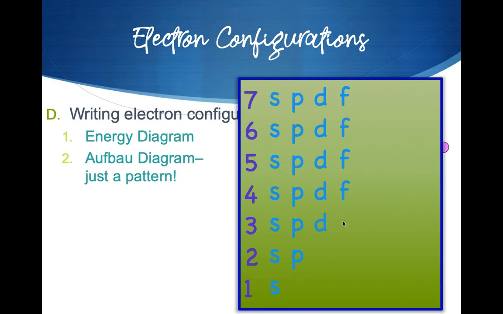So to fill, it's not just as simple as all of the 1s, all the 2s, all the 3s, all the 4s. Because, for example, a 4D is really, really complicated. A 5S is not very complicated. So it turns out that sometimes some of these S's fill before some of the more complicated sublevels of a lower energy level. Here's what I mean by that.